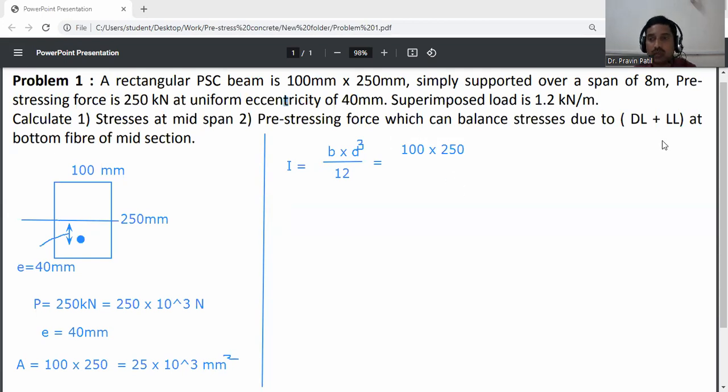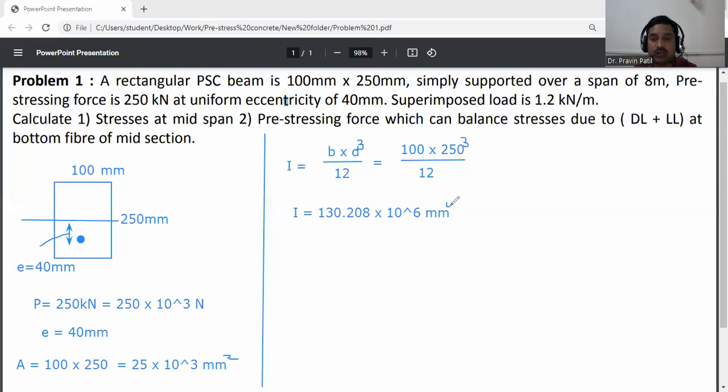So I is equal to 100 into 250 cube divided by 12. We get I is equal to 130.208 into 10 raised to the power 6 mm raised to 4. This one is the moment of inertia.